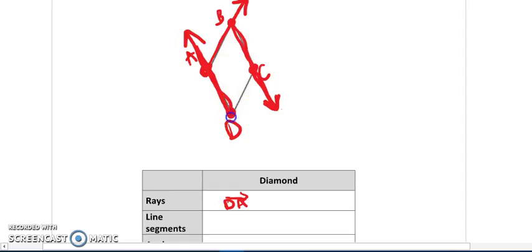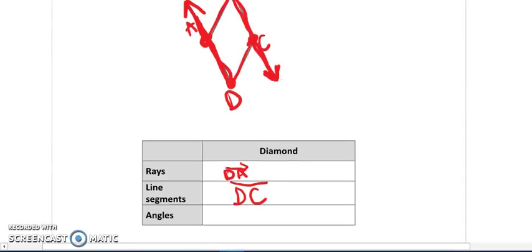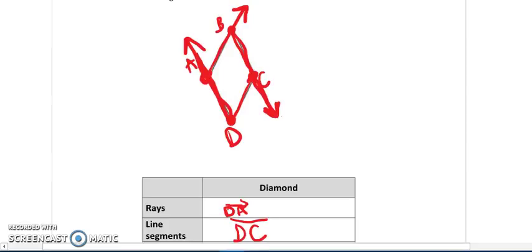Let's make a line segment here. And we don't have arrows passing through, so let's call it line segment DC. And then an angle we need to have. We can pick any one we like, but let's use this one here. And then we're going to show the arc.